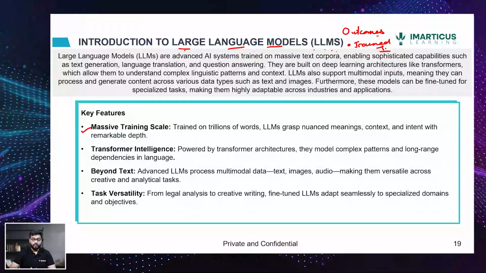Beyond text, advanced LLMs process multimodal data, that is, text, images, and audio, making them versatile across creative and analytic tasks. Task versatility: from legal analysis to creative writing, fine-tuned or prompt-engineered LLMs adapt seamlessly to specialized domains and objectives.